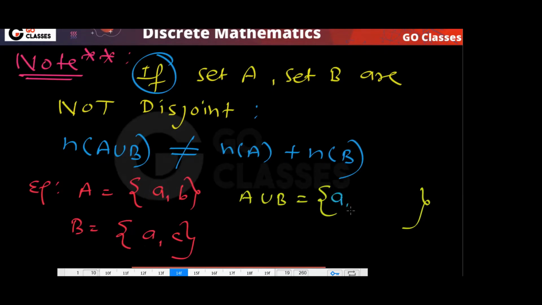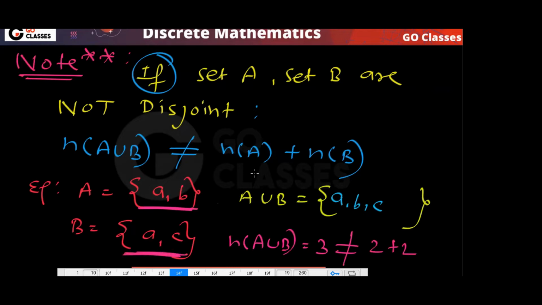So what is A union B? That will be a, b, c. Now tell me the number of elements in A union B. That will be 3, and you can notice that is not equal to 2 plus 2, because the number of elements in A is 2 and in B is 2. You are over counting. This is called over counting. Can I say this is over counting?